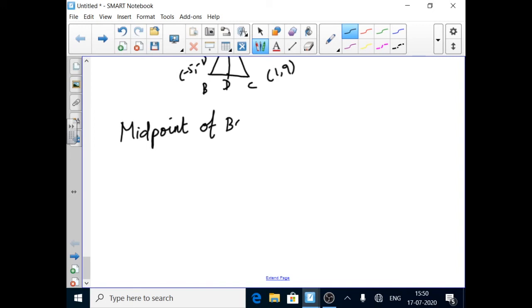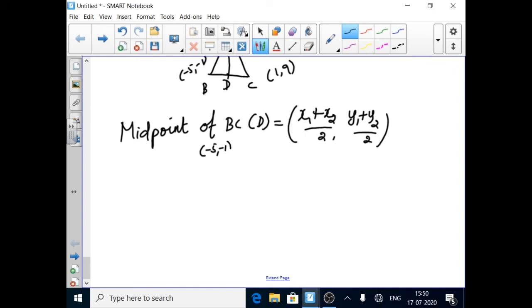So first, the midpoint of BC is D. The midpoint formula is (x1 plus x2) by 2, (y1 plus y2) by 2. Here the points of BC are B is minus 5, minus 1 and C is 1, 9.